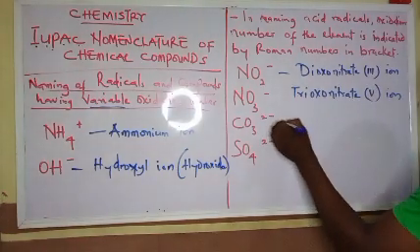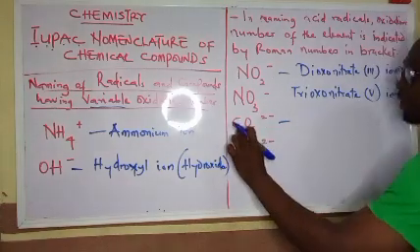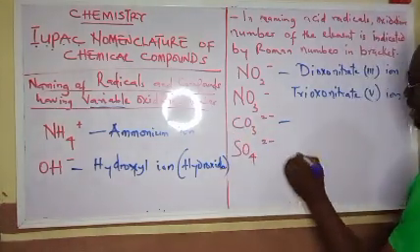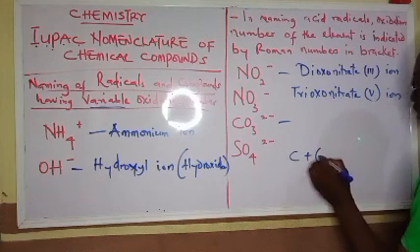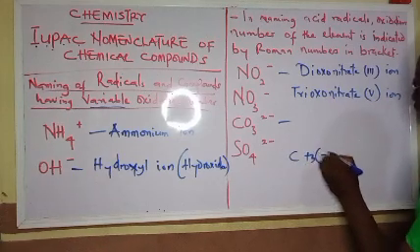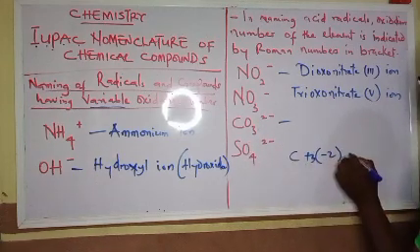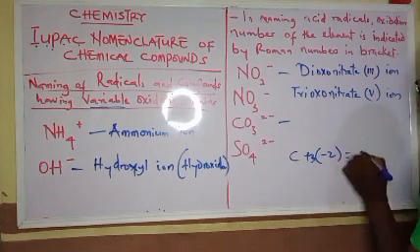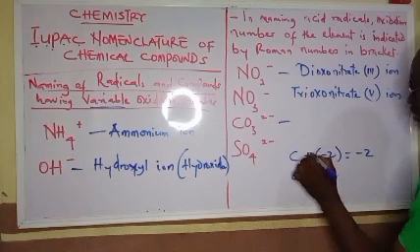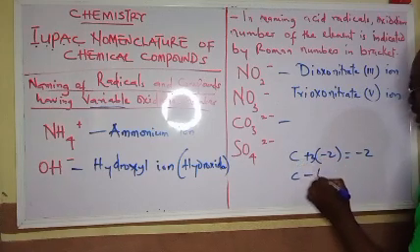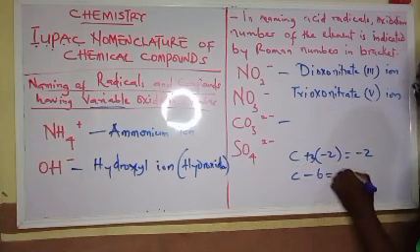So now let's have this. The oxidation number of carbon here: C plus 3 times -2, oxygen of course being -2, is equal to -2. So we have C plus 3 times -2, that's -6, equal to -2.